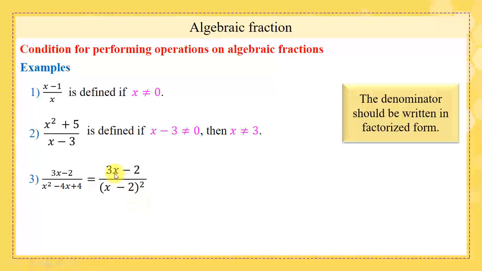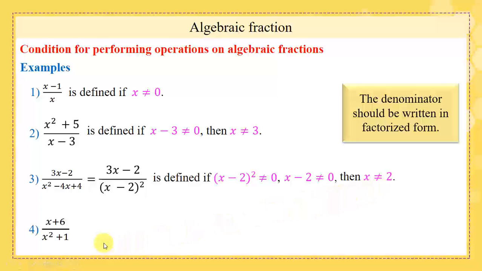Now, the new form of the algebraic fraction is (3x minus 2) over (x minus 2) squared. This fraction is defined if (x minus 2) squared is different from 0, so when x minus 2 is different from 0, then x is different from 2.